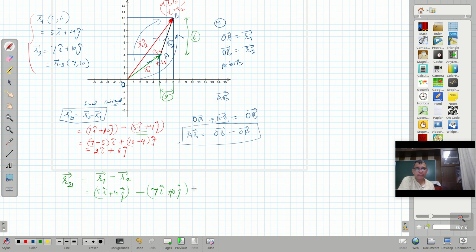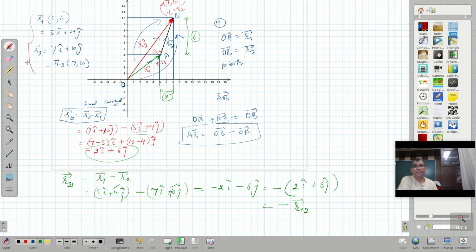So what will it be? It is 5 minus 7, which becomes minus 2i cap, and 4 minus 10, which is minus 6j cap. If I take a minus common, it is minus of 2i plus 6j cap. And what is this? This is basically the R12 vector, so it is minus of the R12 vector.